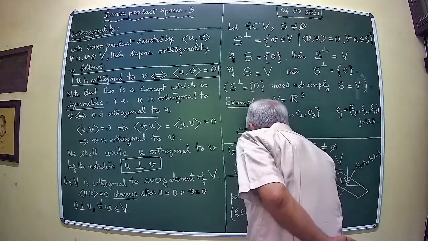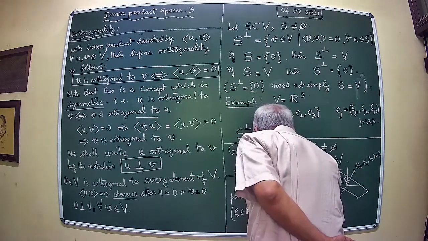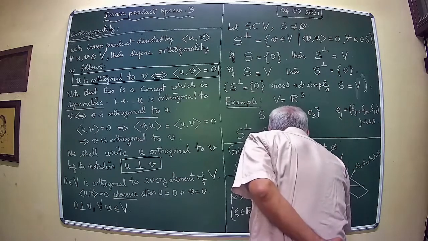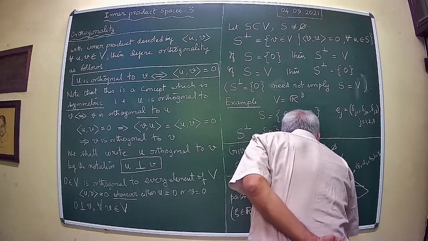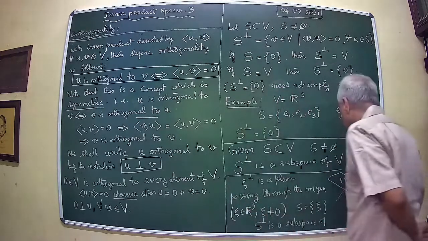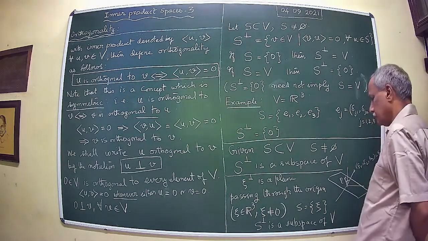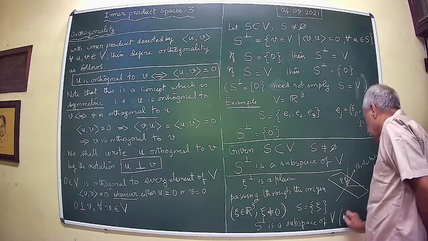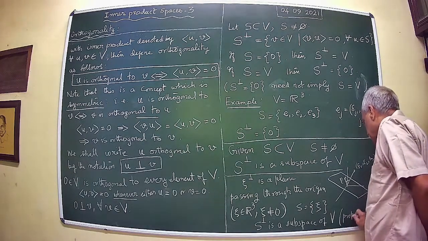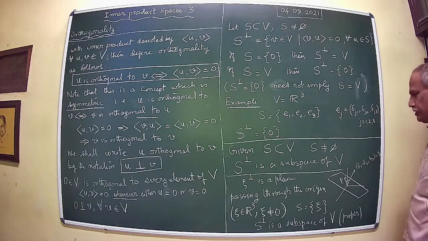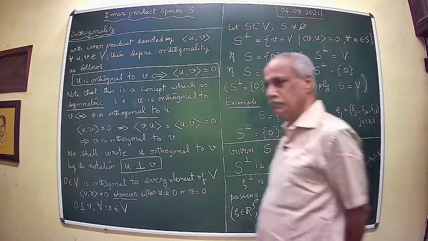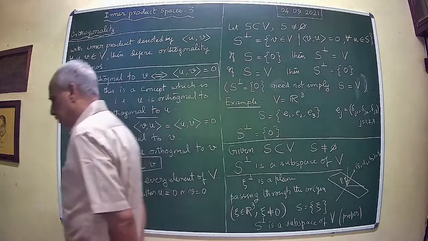So S perp, a subspace of V, is in fact a proper subspace. In fact, if psi is equal to 0, then you have seen that it's the whole of V. Okay, so that's a special case of that.